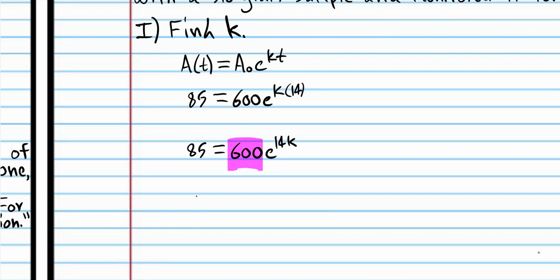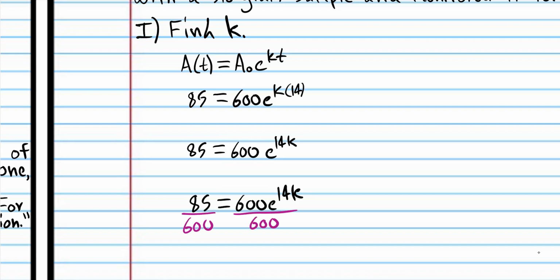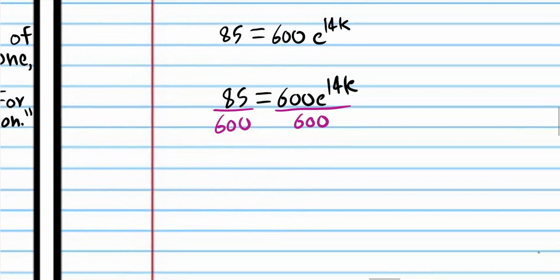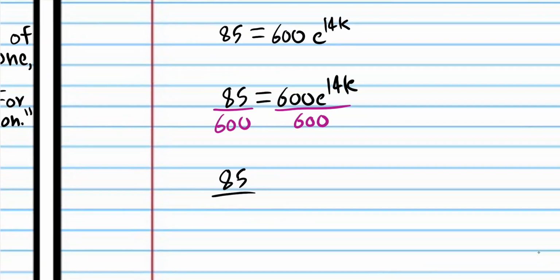So we're going to divide both sides of the equation by 600. So dividing both sides by 600, we get the following. So we have 85 over 600 is equal to e to the 14k.